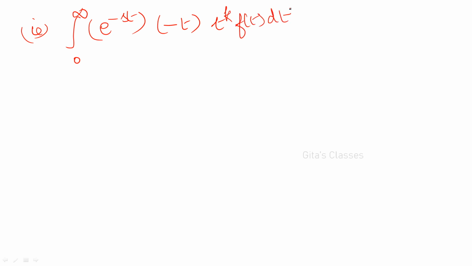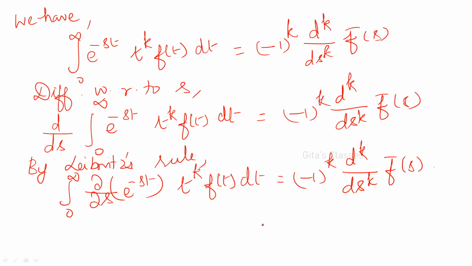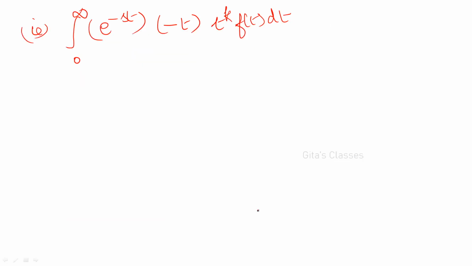Okay. So now you differentiate this. That is, integral 0 to infinity e^(-st) into, differentiating partially with respect to s, the coefficient is minus t into, already we have t^k into f of t dt. So I am writing it again. This is equal to (-1)^k into d^k by ds^k into f bar of s.